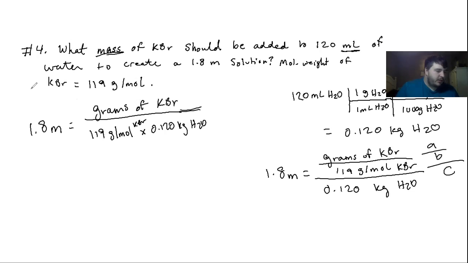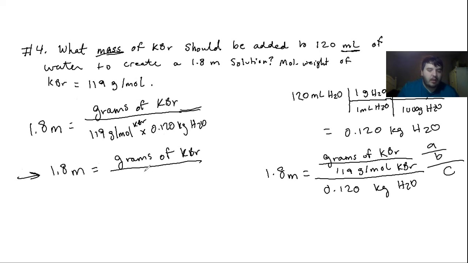Now I can just multiply these two together. I get 119 times 0.120, so 1.8 molal is equal to grams of KBr over 14.28. So 14.28 is the value down below.